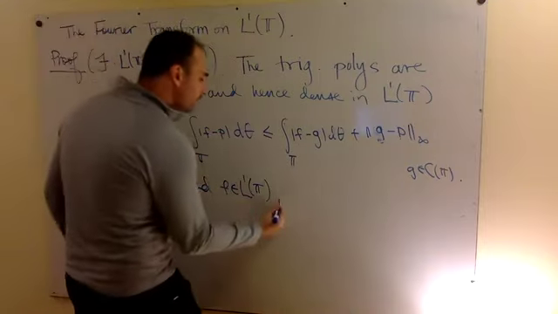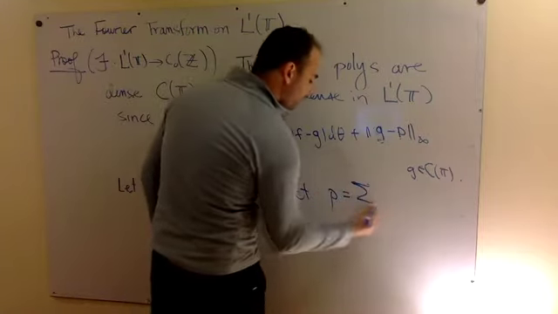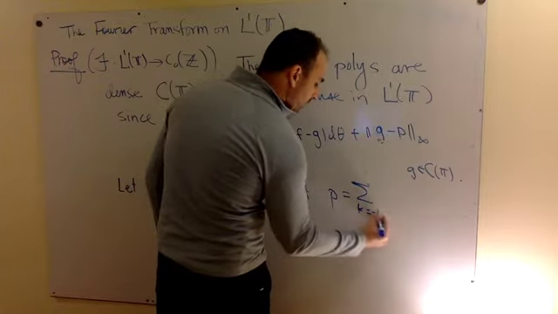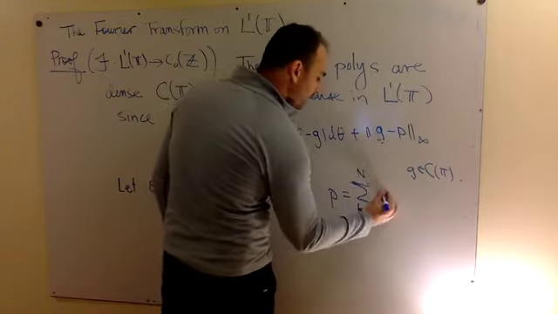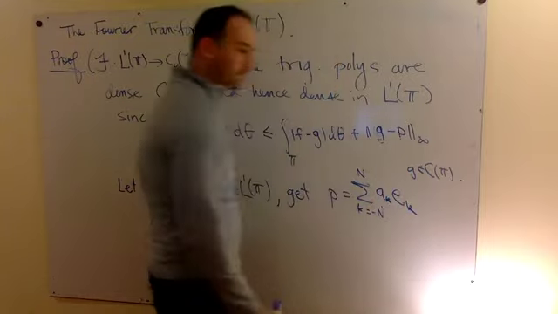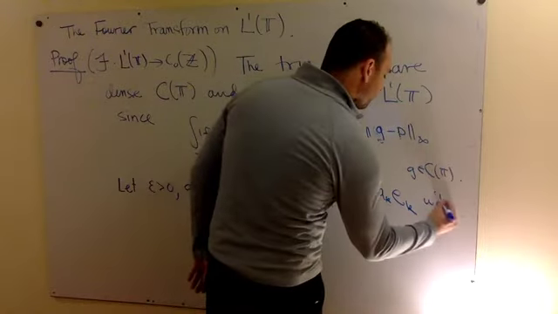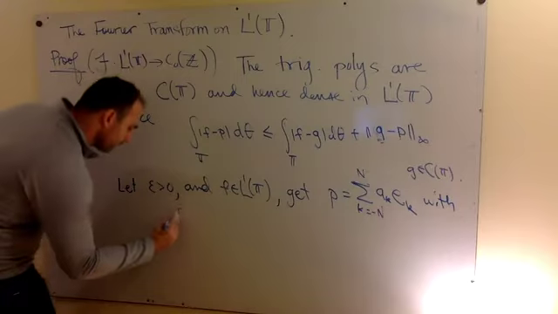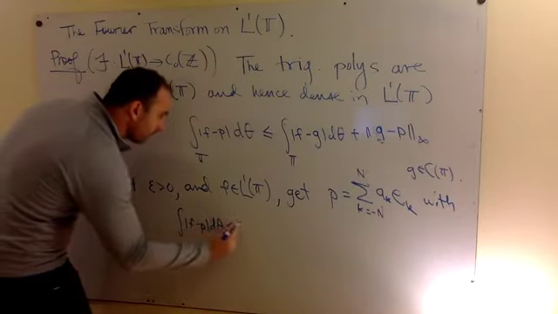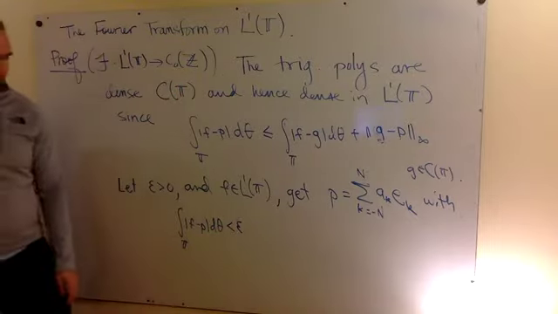Well, get a trig poly, so those look like something like this, with the integral of |f minus p| d theta less than epsilon. Okay, so there we go.